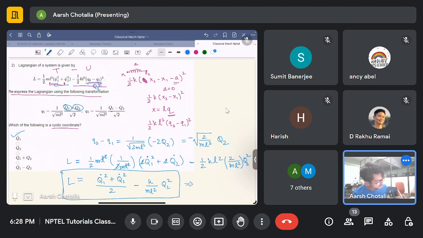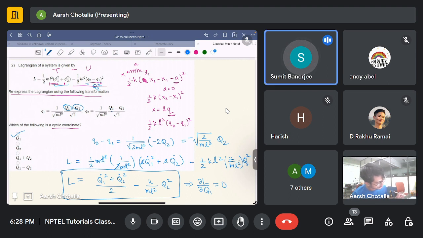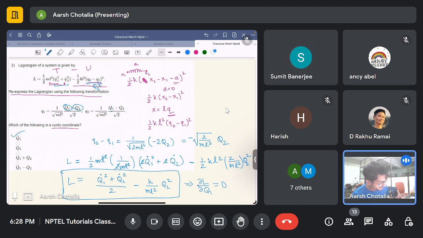So partial of L by partial of capital Q1. Lagrangian will have a positive sign, it will be plus k by m l square Q2, I think. Why do you say that? Q2 minus q1 has a negative sign, correct?